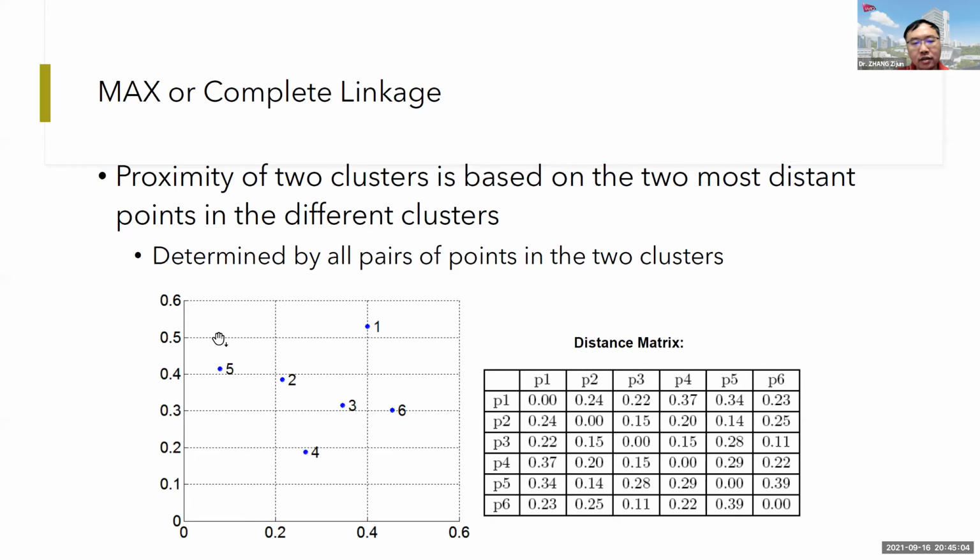Then again, you have 6 data points, and their distance can be computed like this. Then next, what are the data points that you would like to merge? So first, who are you going to merge?